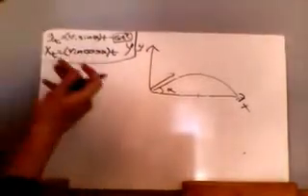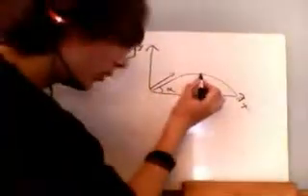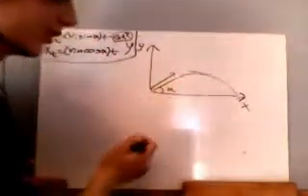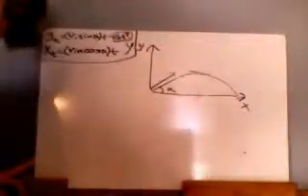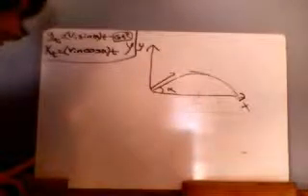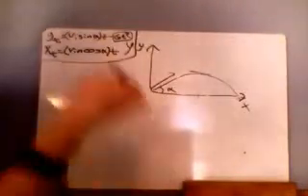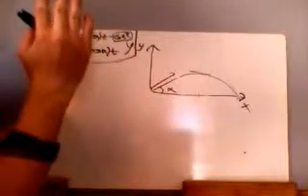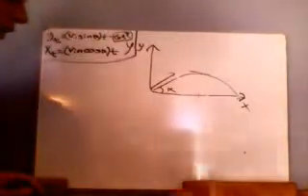And what I want to find is at what point does the velocity in the y direction equal 0? Because at 0, that's when you reach the very top of your arc, and then you come right back down. You know what I'm talking about. If you've ever thrown a ball up in the air, you notice that it kind of seems to slow down, stay there for just a little bit, and then fall down.